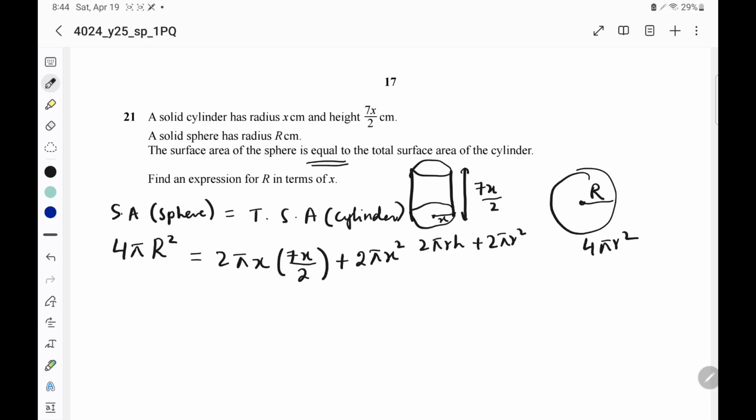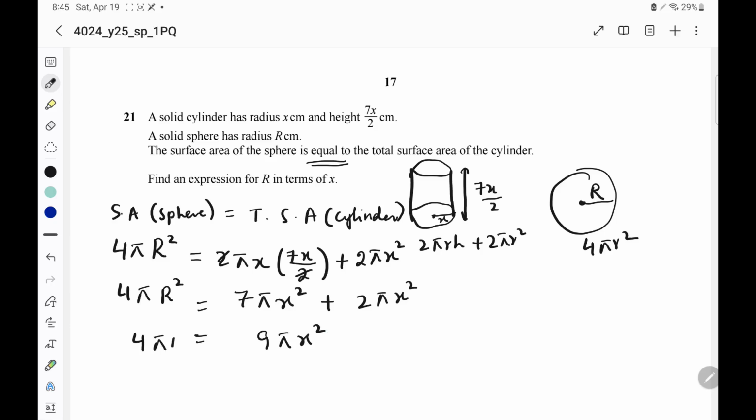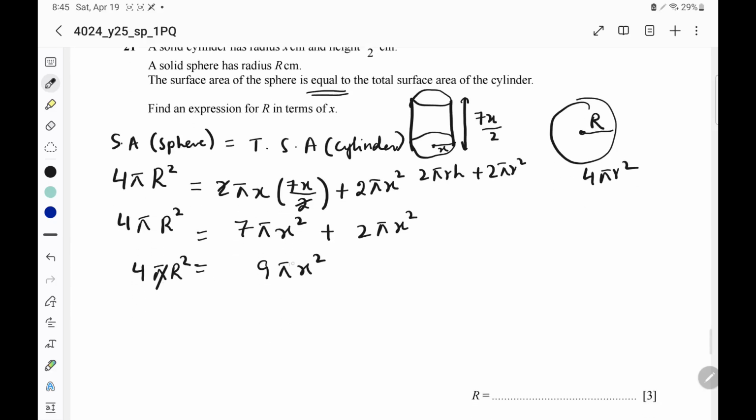We can cancel pi if you want to take it common. First of all, simplify this one. That is equal to 2 pi x square plus, cancel 2, and this is 7 pi x square. The total will be 9 pi x square equal to 4 pi r square. So cancel the value of pi here.